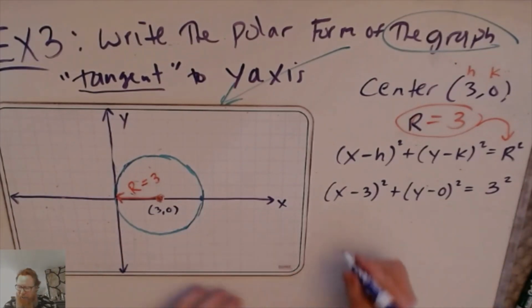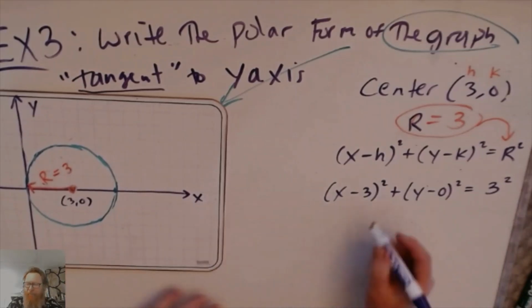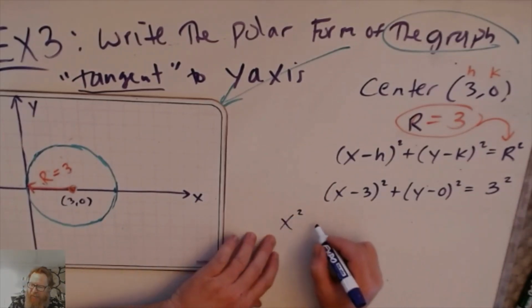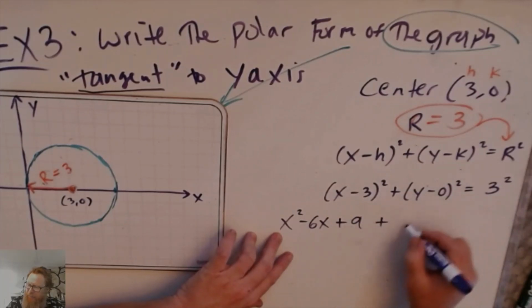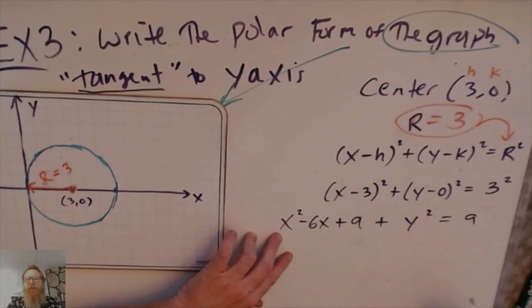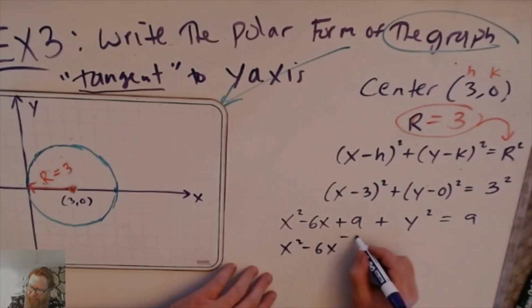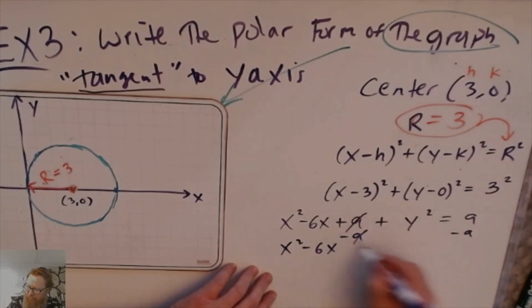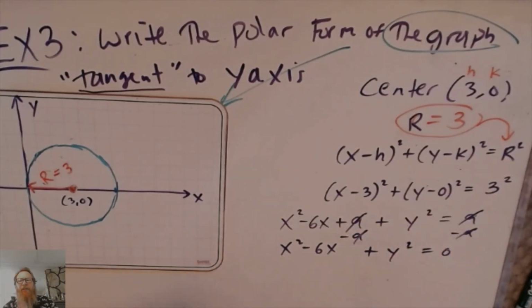When I switch to my polar form, let me move this out of my way here. I'm going to get x squared minus 6x plus 9 plus y squared equals 9. And I'm going to solve this equation, getting rid of the 9s. Actually, I used the wrong word. I'm going to simplify this into polar form.